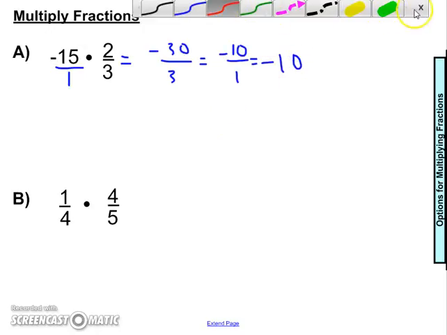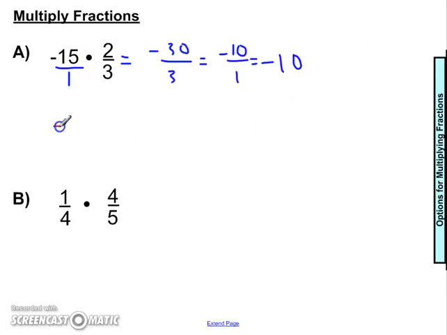Your second choice, same thing though, it's still negative 15 first, I still want that as a fraction, times 2/3. If I have common factors that will reduce out, and a lot of times people focus on cross reductions, which in this case you do have, or you could simplify a fraction itself if it exists, which in this particular case we don't have.